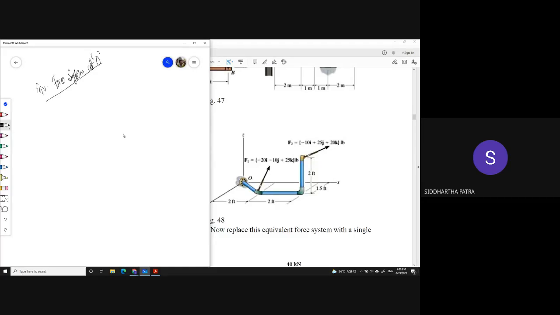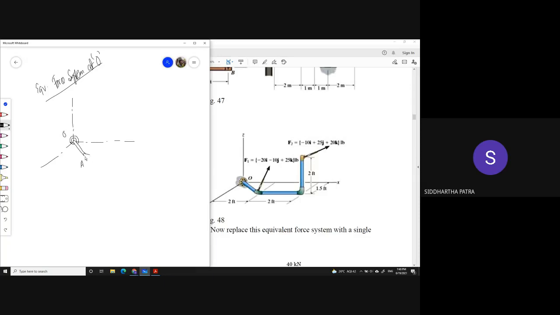This one is not labeled, but you can label different points on your own. Of course the origin is O, but let's say the pipe extends from there and then it bends. So this one we would mark as A, where the bending starts.